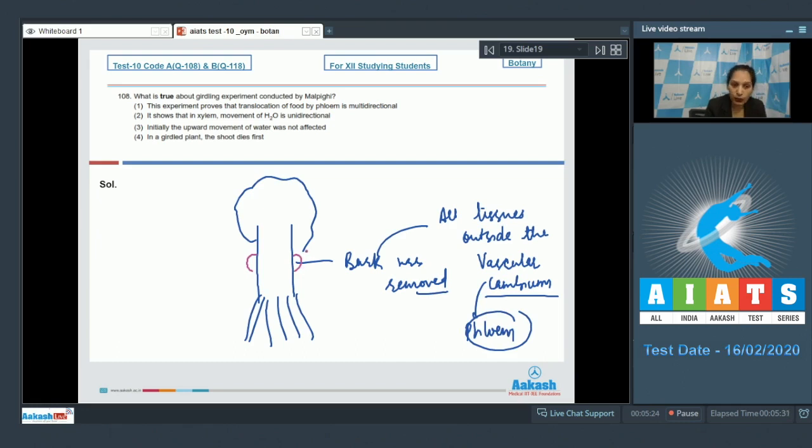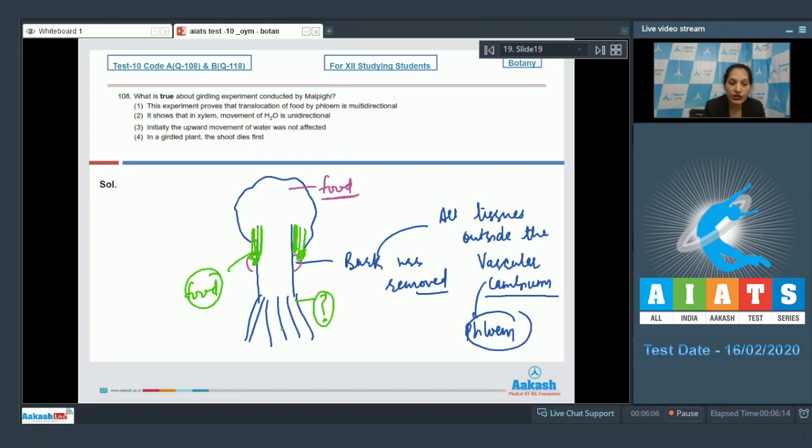Now, the food which was synthesized by the leaves, upper part of the tree, cannot go down as the tissue which translocates food is removed when the bark was removed. So this food accumulates over here, and these roots do not get the food.